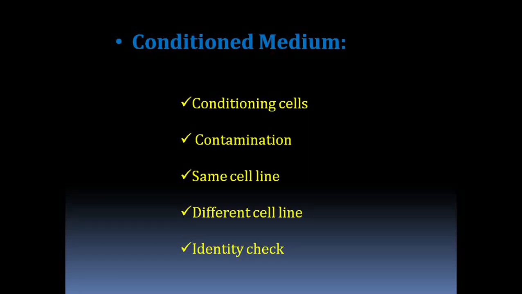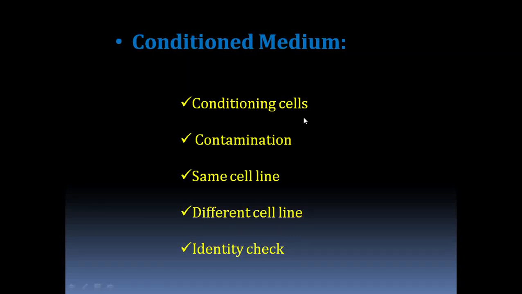Then we can utilize specifically only the medium for the cloning purpose, which is very much enriched in all the environmental conditions required for cloning to happen effectively. So these are the conditioning cells that are being used.